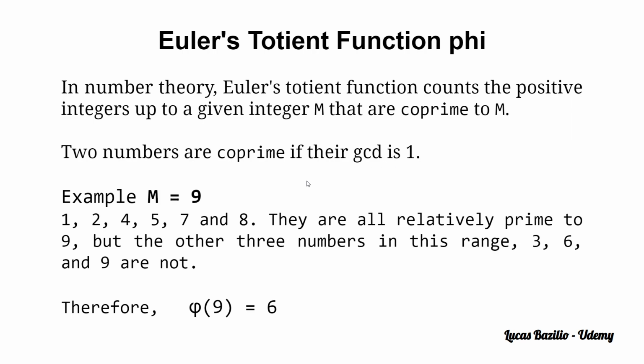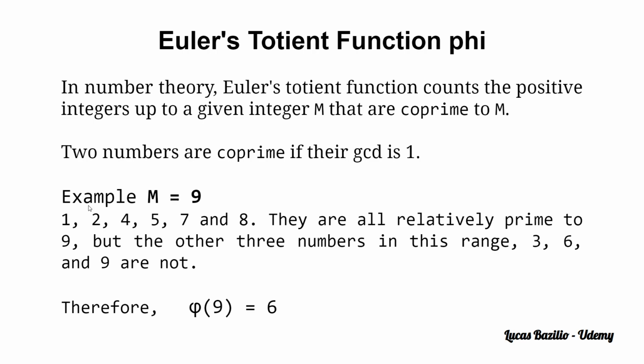So what the totient function does is count how many positive integers up to a given value m are coprime to it.